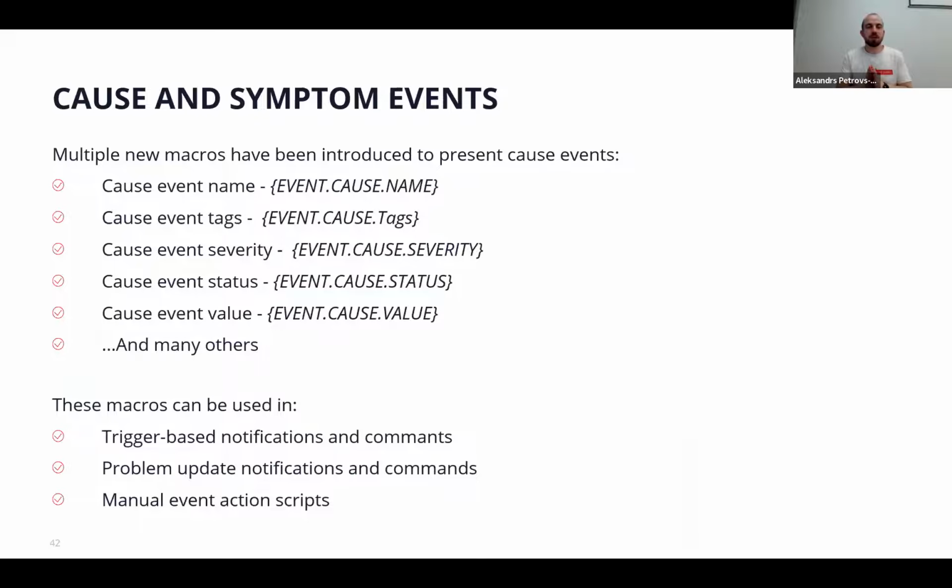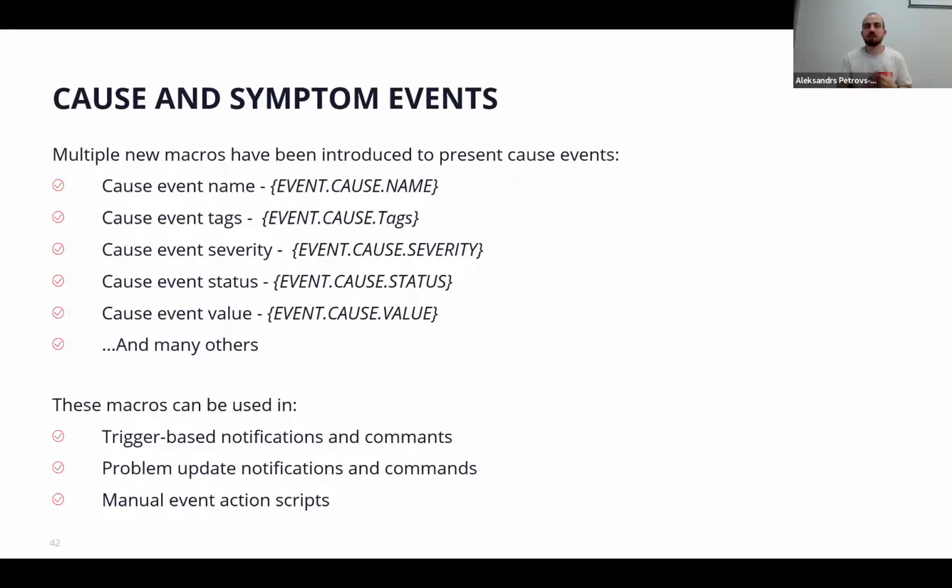And since not always everyone is on the same shift resolving the same problems, but still they want to be informed about what's going on, what is caused by what, why it happened, and so on, multiple new macros were introduced to make sure that notifications about the problems, about the triggers firing, will be more detailed and include information about what was the cause of the event.